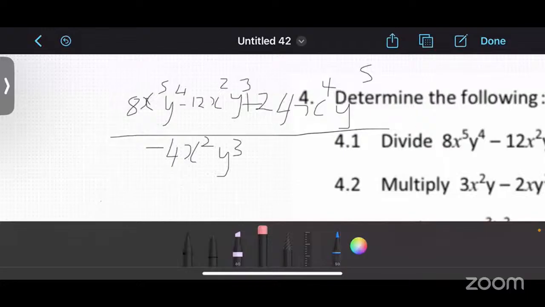Then what I did first was I divided everything by 4 to take it to its simplest form.